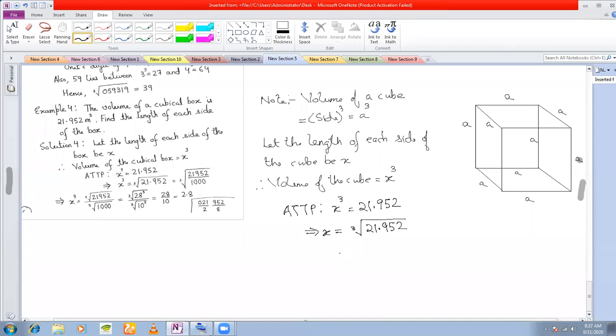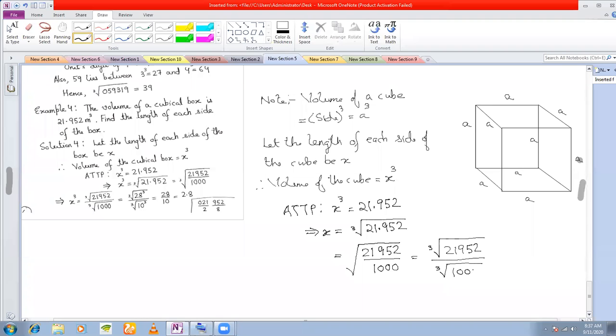Now let us proceed to find the cube root in the usual manner. We first convert it to a fraction, 21952 by 1000. Then you can write this as cube root of 21952 divided by cube root of 1000.